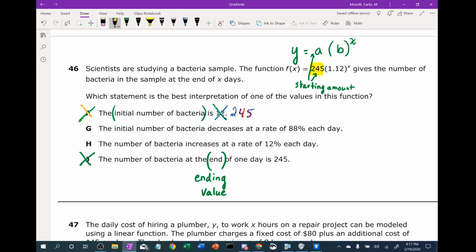Okay, so now it's either going to be G or H. Let me ask you a question. What is the B value for this function?